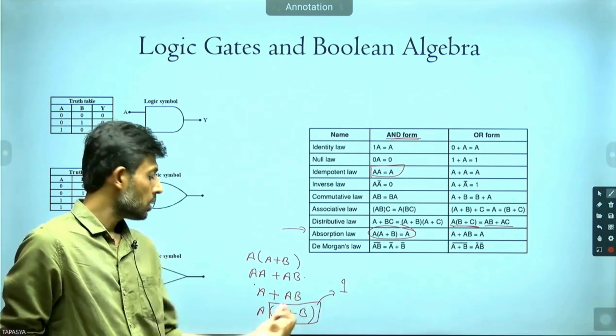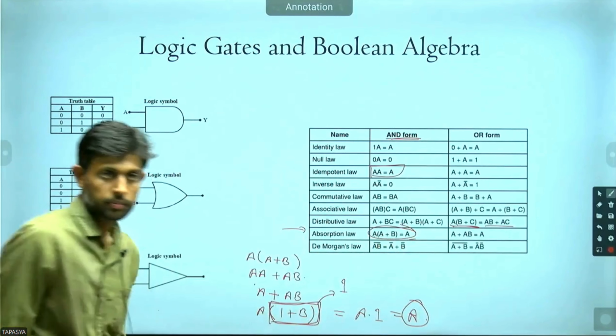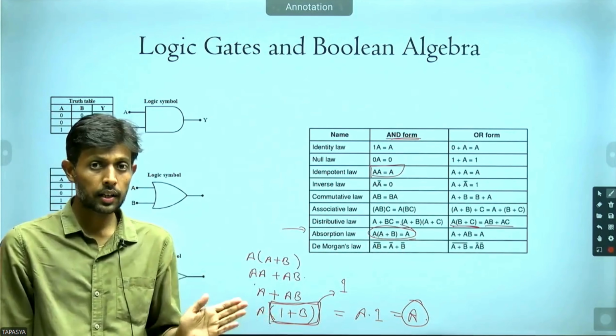On or off will again give you on. 1 or 0 will give you 1. 1 or 1 will also give you 1. So I know that this thing will always give me 1. So I can directly write this as A into 1, or A and 1, which will simply give me A. And that's how I get A into (A plus B) as A. I hope this part is clear.